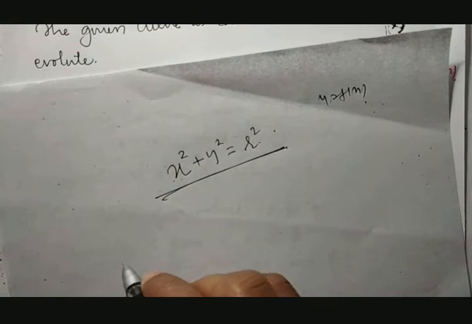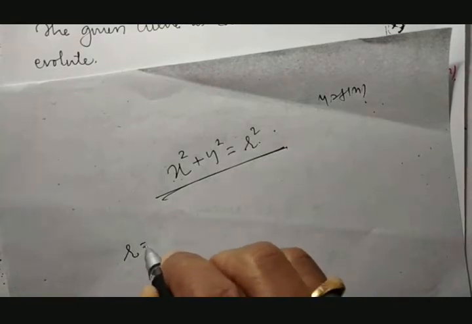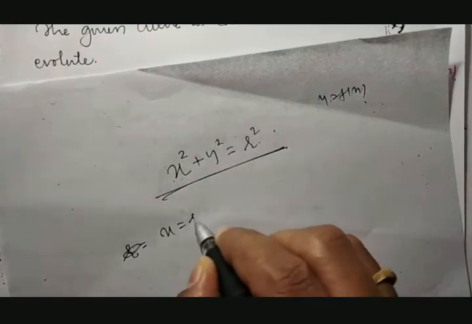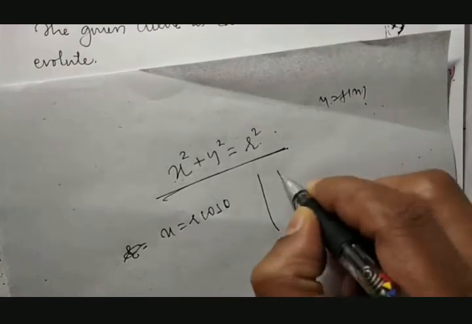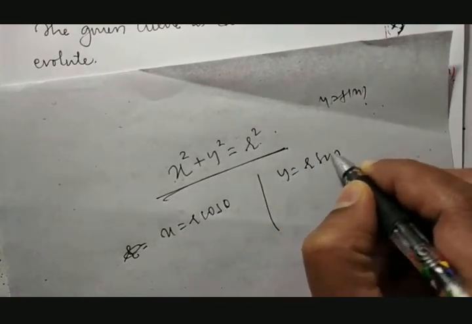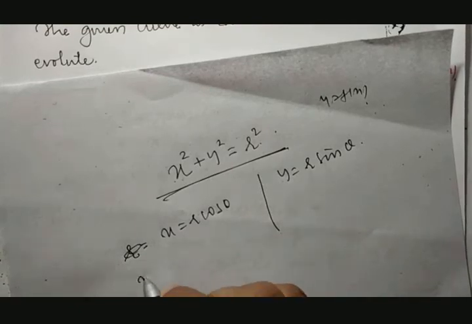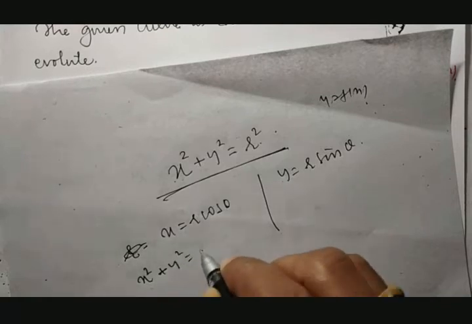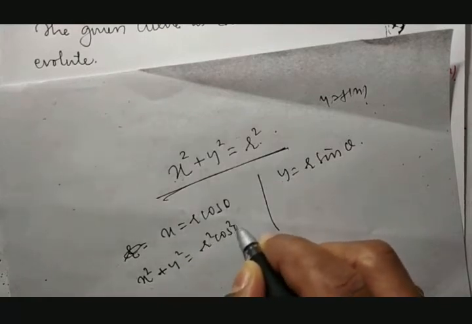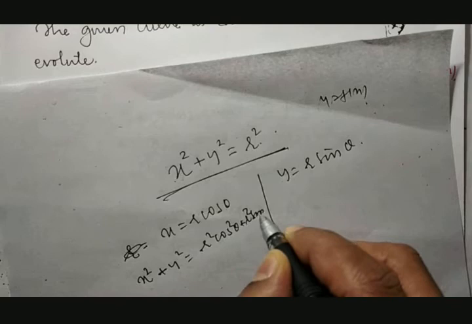What are those parametric conditions? x is equal to r cos theta and y is equal to r sin theta. If you square and add these two equations, then x square plus y square is equal to r square cos square theta plus r square sin square theta.